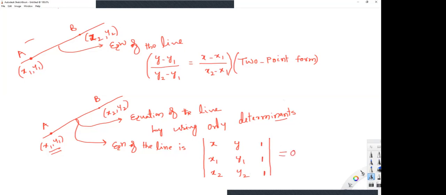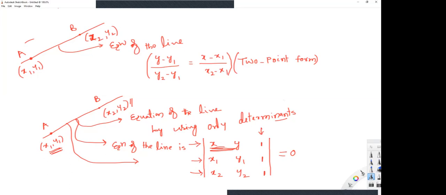So whenever the line is passing through 2 given points, the first given point you can take as x1 y1 and the second given point is x2 y2. In the determinant method, first row 2 elements are x y, it is fixed. Every time x y is always fixed. And in the second row you write first given point and third row second given point, only 2 coordinates, x coordinate and y coordinate, and the third column always keep it 1.